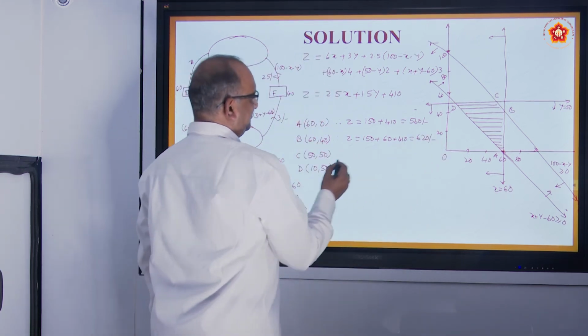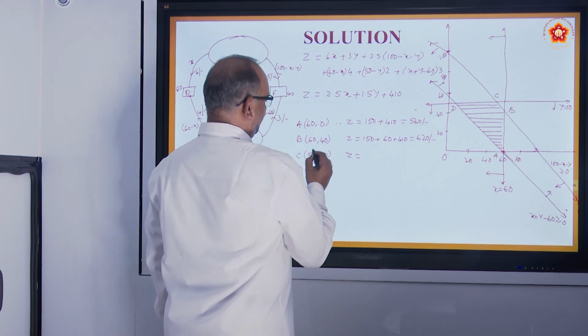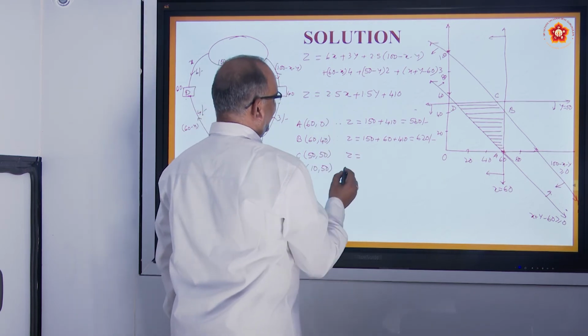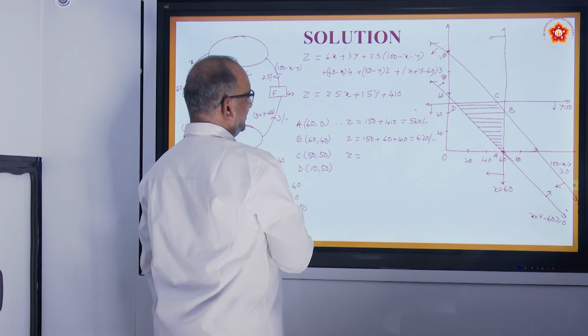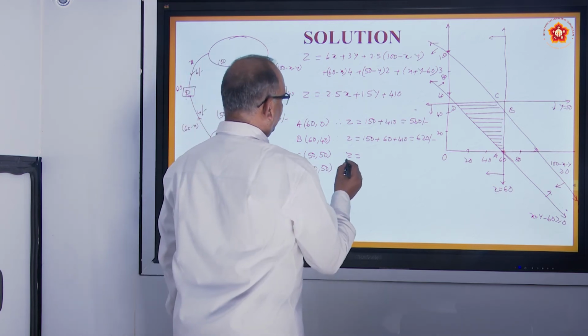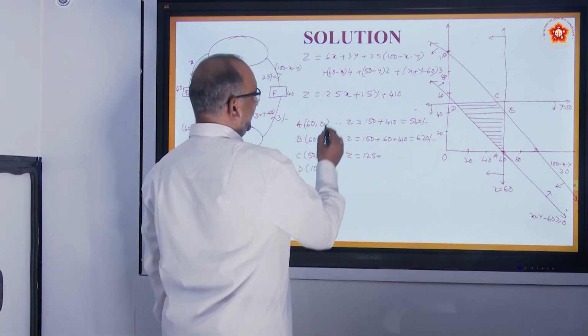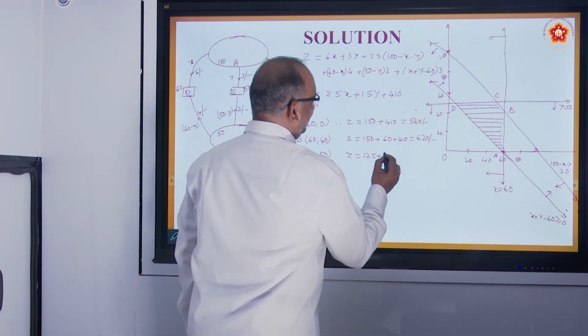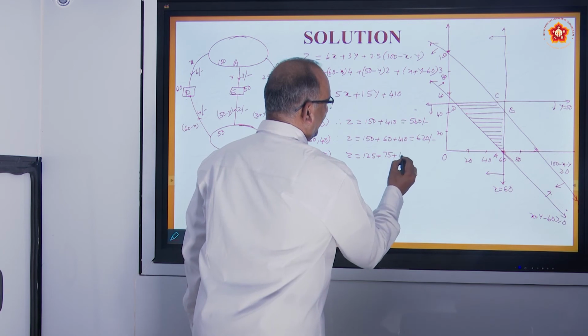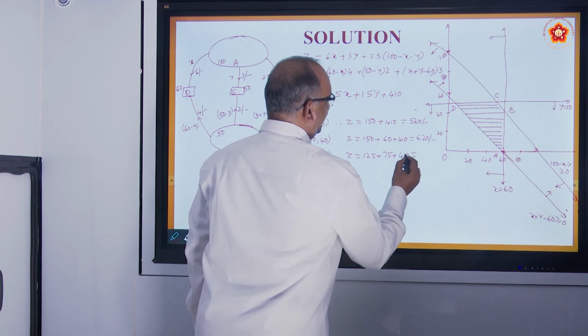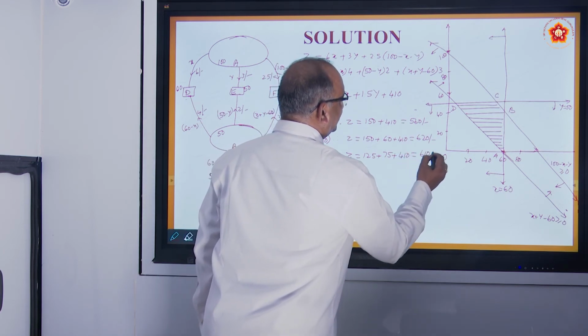Third one, (50, 50). Z is equal to 50 into 2.5, 125, plus 50 into 1.5, 75, plus 410 is going to be 610 rupees.